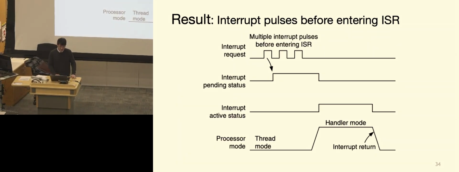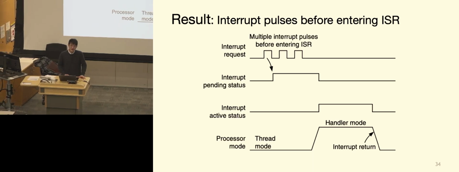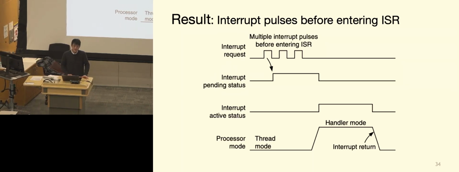The triggering of that is essentially the pending state. So here is what triggered this thing, but it takes a little bit of time for the processor to actually react to this pending.